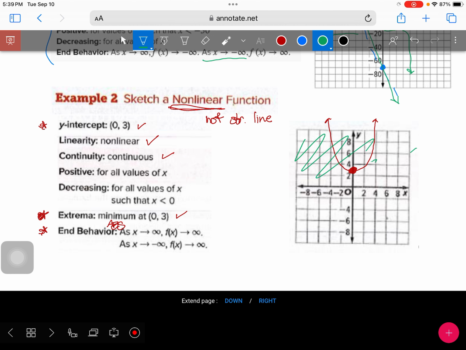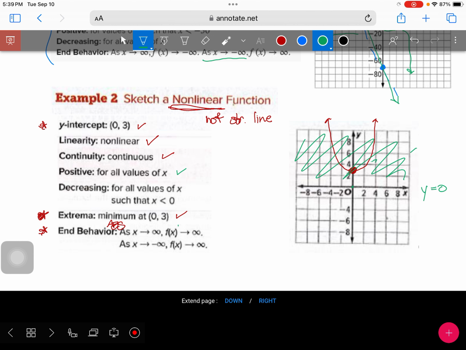Okay, so all my x values, this is positive because it's above y equals 0. This is the x-axis. Sorry, the x-axis is y equals 0, but it's positive. It's above all that. It's decreasing for all values of x where x is less than 0.